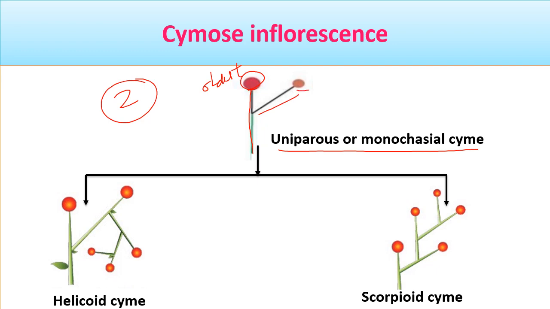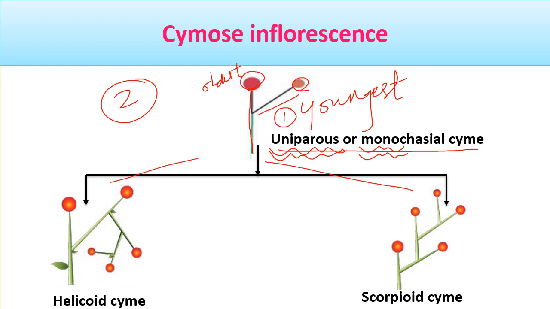Here you can see this is the youngest. The youngest flower is always at the base, but this youngest flower is only one in number, and hence this is called uniparous. Uni means single, or this is also called monochasial. Mono also means single.